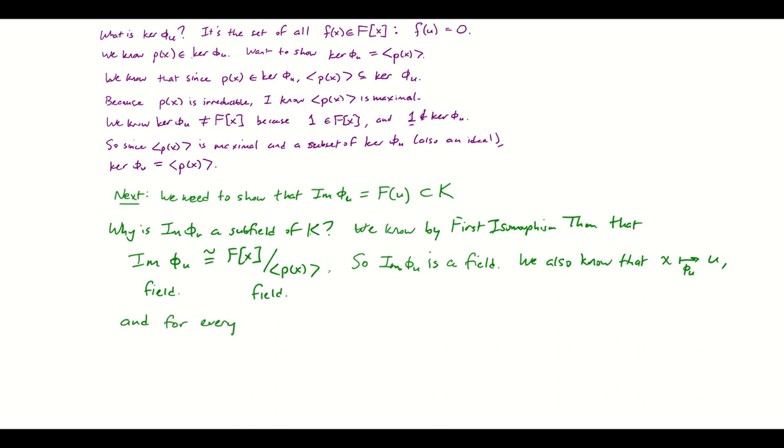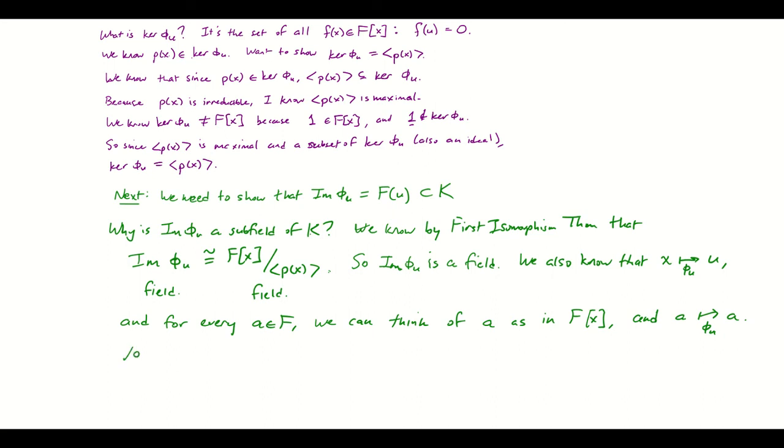So for every a in F, we can think of a as being in F[x], and that element, that polynomial, maps to the field element a under phi sub u.